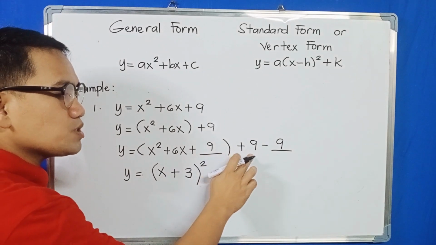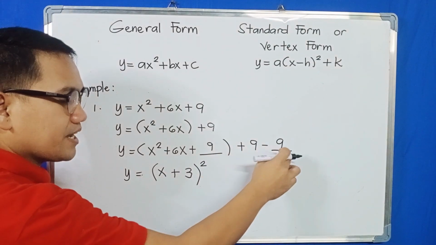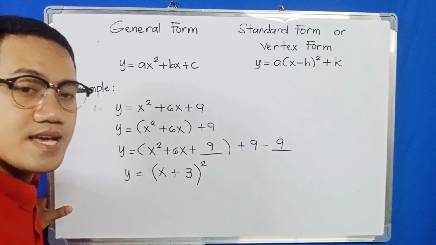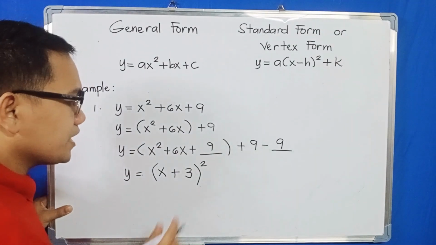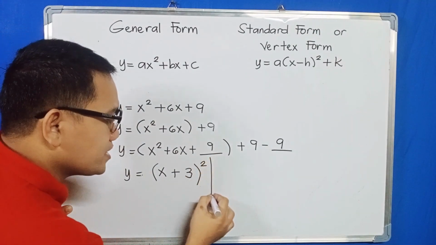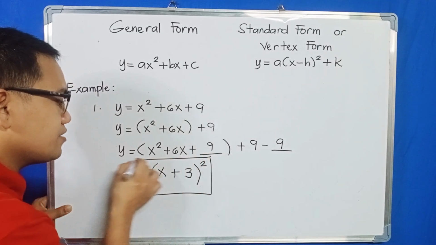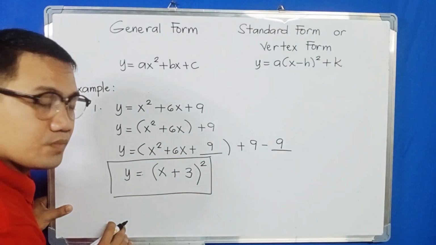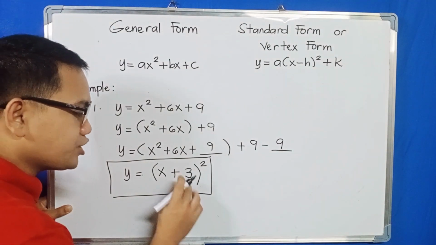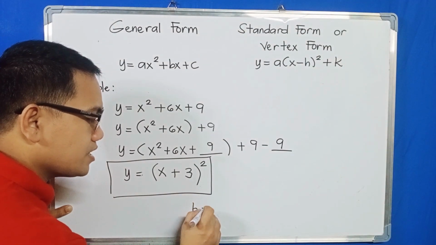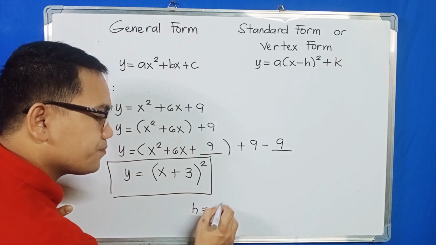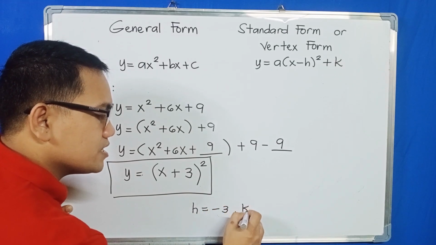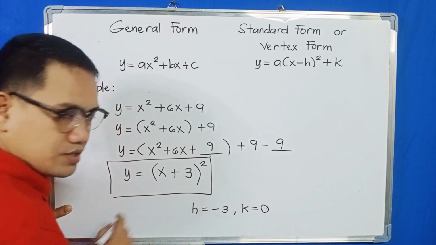Then, let us also simplify 9 minus 9. The result will be 0. In this case, this is considered to be the vertex form of a quadratic function, where our h is negative 3 and our k is equal to 0.